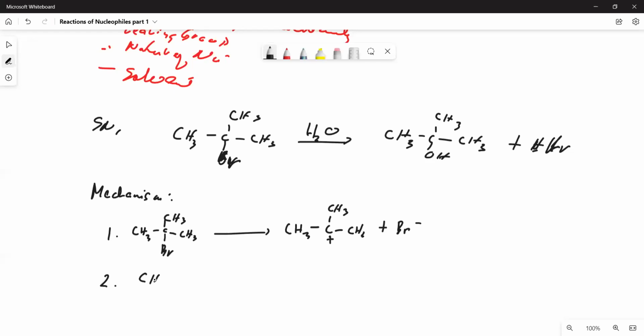So in the second step of the reaction, the carbon now, which is trigonal planar or sp2, will be attacked by the water both ways. It can be attacked above because it is now trigonal planar.